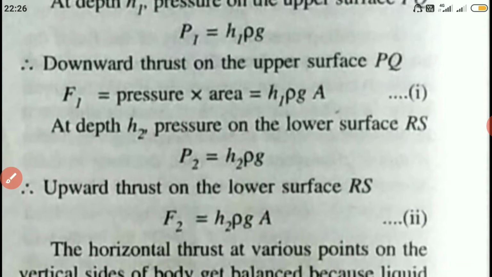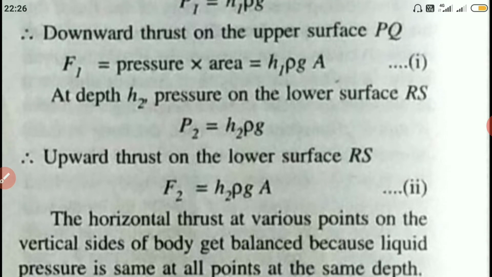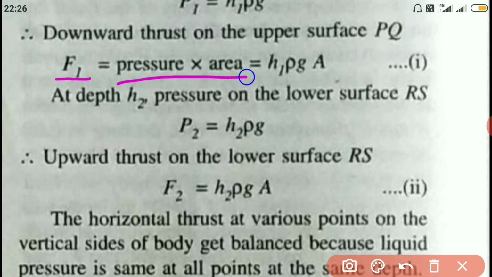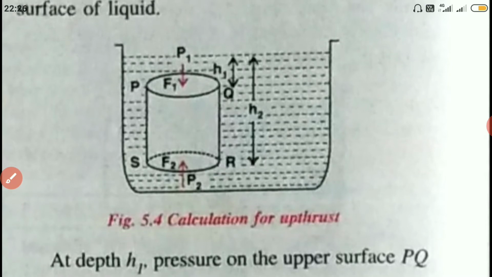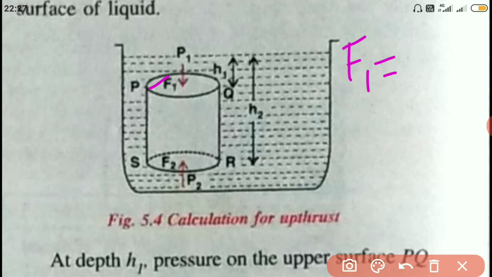Now the downward thrust on the upper surface, F1, should equal pressure times area. So here again we are going to the figure. This F1 here should be equal to pressure P1 multiplied by the area on which it is acting.